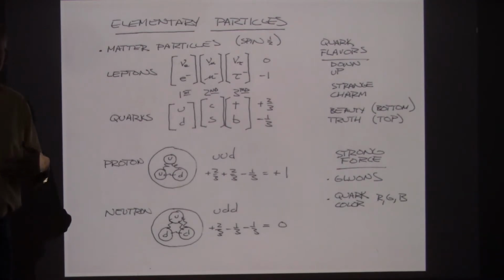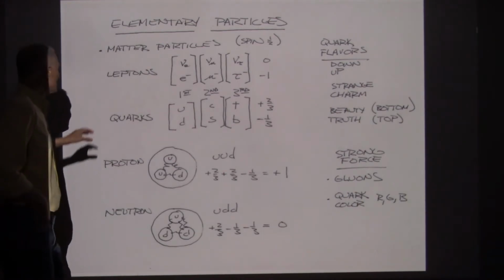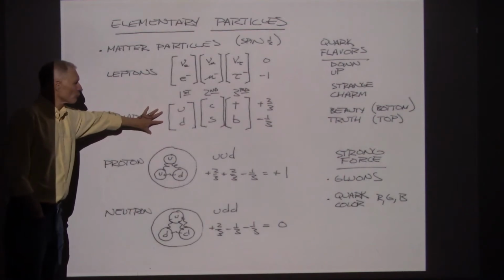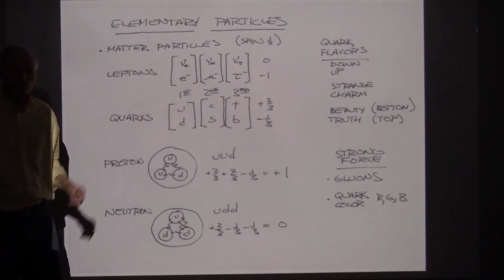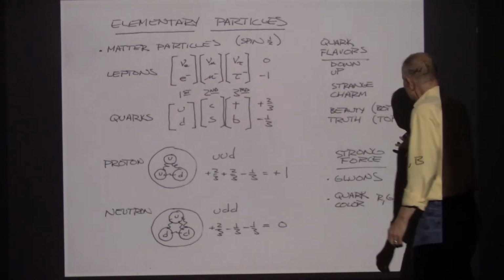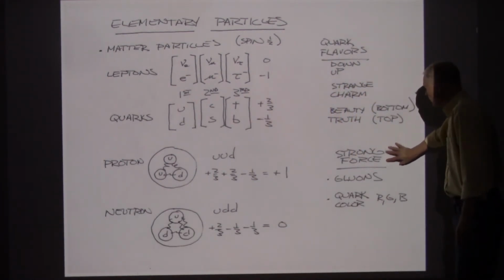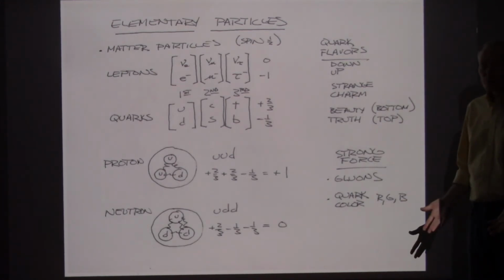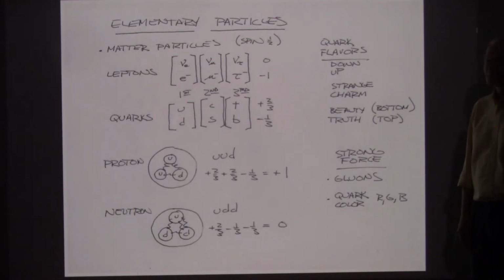But as you noticed, we've gotten through most of physics without having to deal directly with quarks. And that's because of the strong force, the nuclear strong force. The nuclear strong force is made out of particles that we call gluons. That was named after glue. Remember, this was the 1960s.